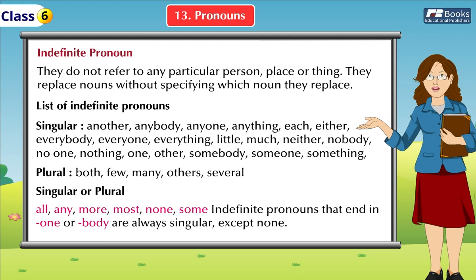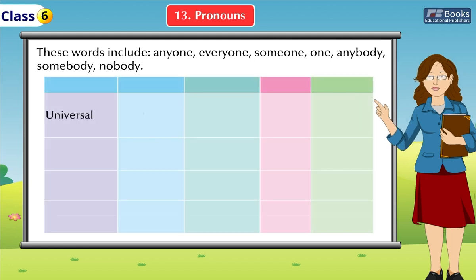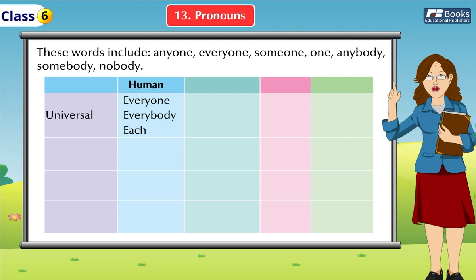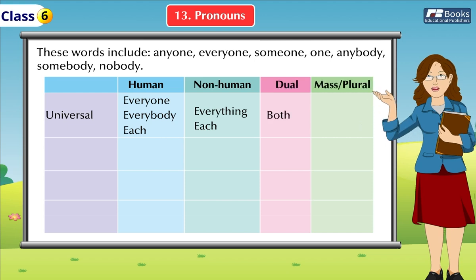Indefinite pronouns that end in "one" or "body" are always singular, except none. These words include anyone, everyone, someone, one, anybody, somebody, nobody. Universal: human, everyone, everybody, each. Non-human: everything, each. Dual: both. Mass, plural: all.